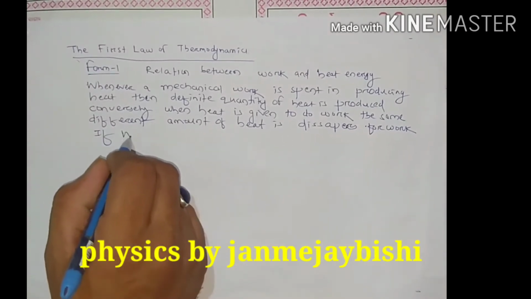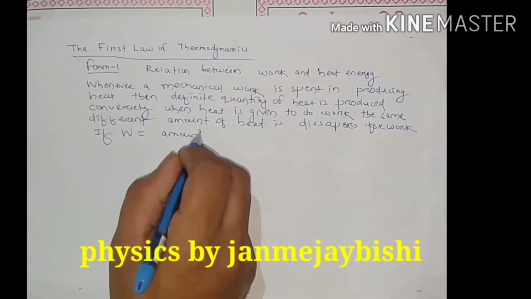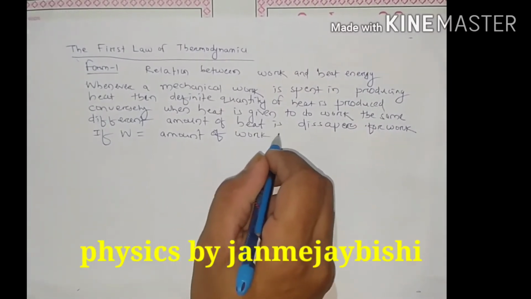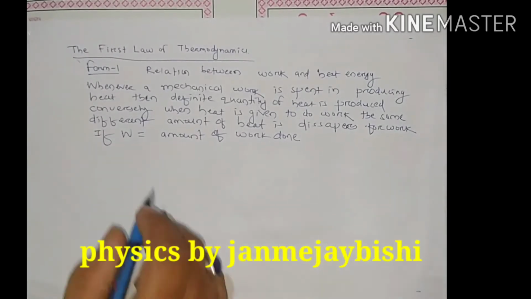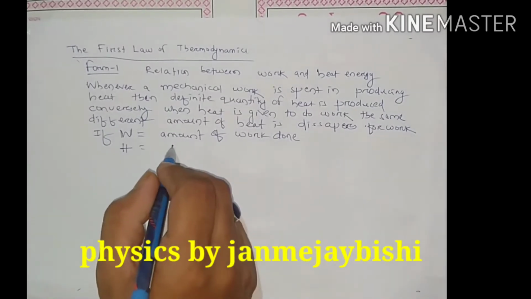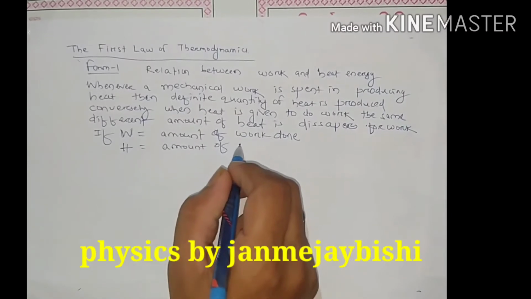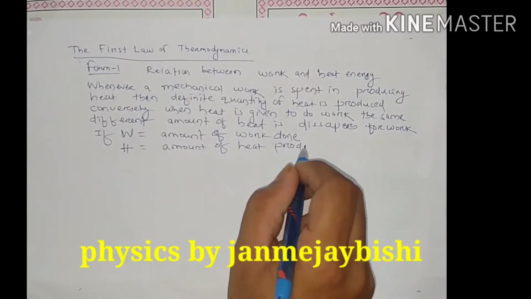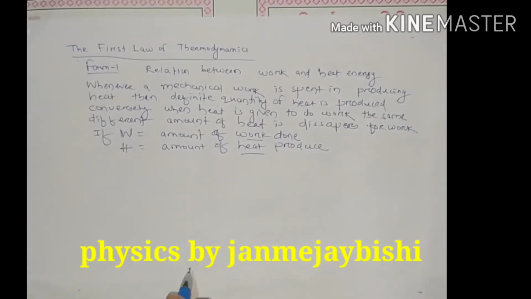So if W is equal to the amount of work done, and this is capital W, is equal to the amount of heat produced. Though these are vice versa, I am taking the work and heat.